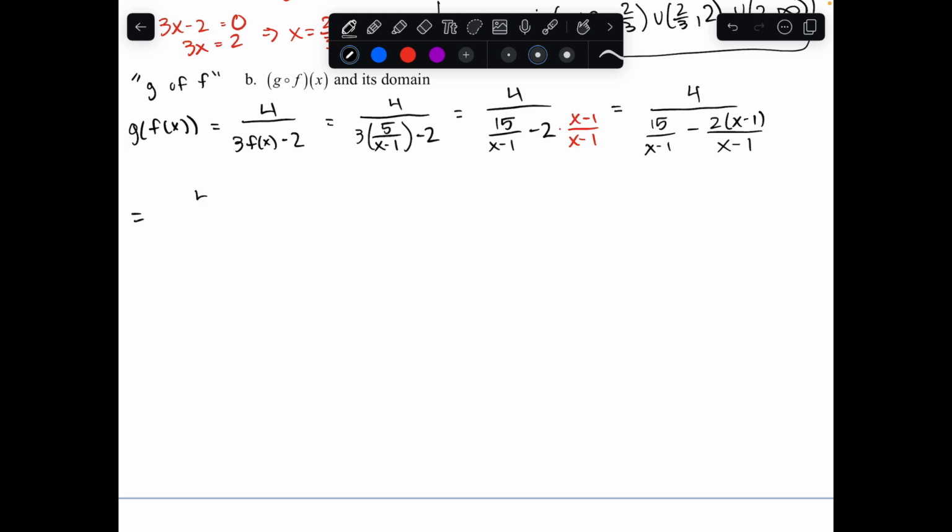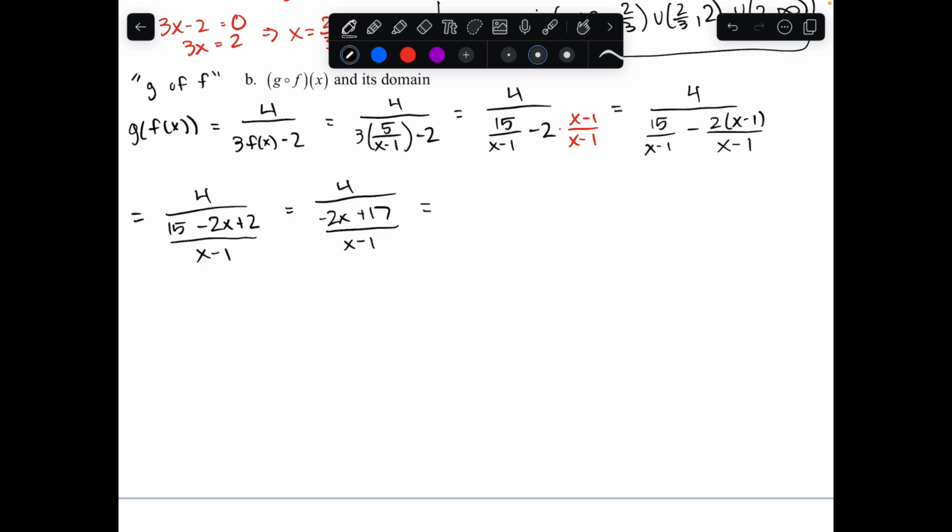And so we get 4 divided by 15 minus 2x plus 2, all divided by x minus 1. Simplify everything, and we get 4 over negative 2x plus 17 divided by x minus 1.